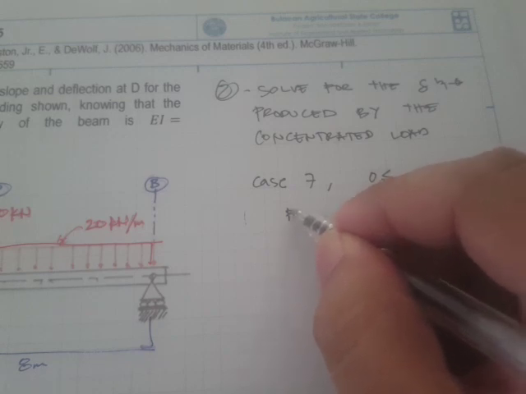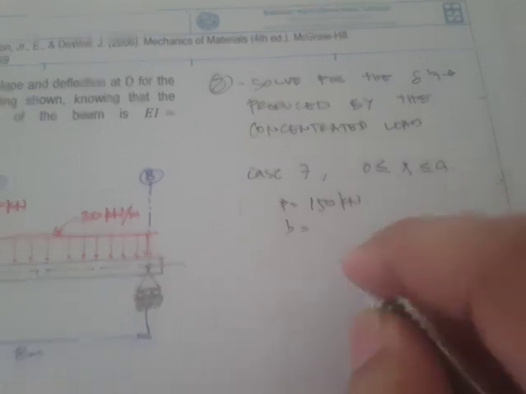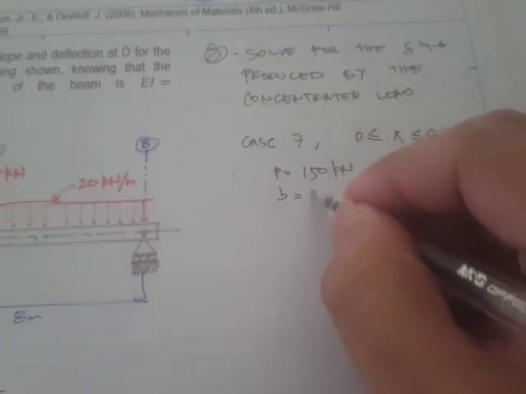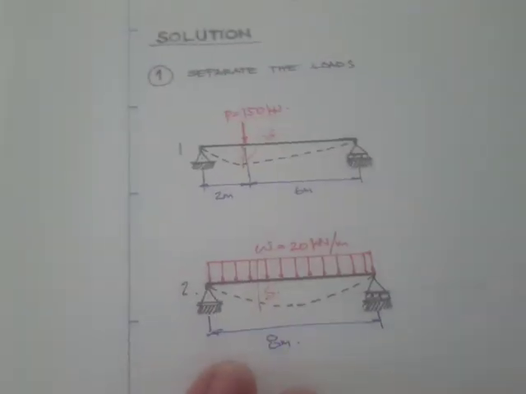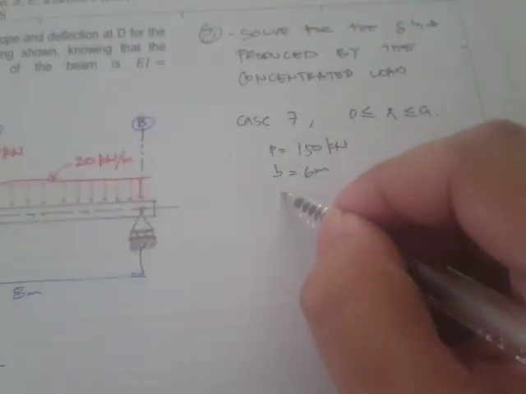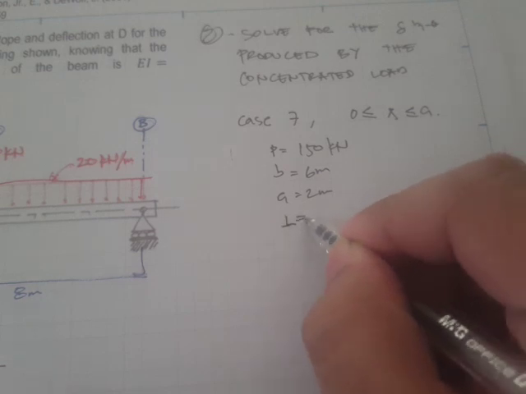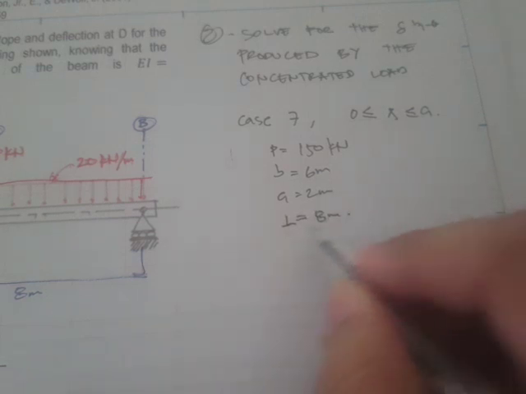For P, this is 150 kN. The distance b is 6 meters, right? So 6 meters, and the distance a is 2 meters. L is 8 meters.